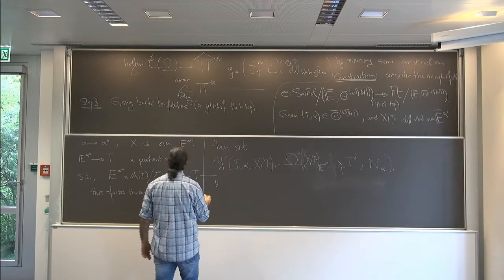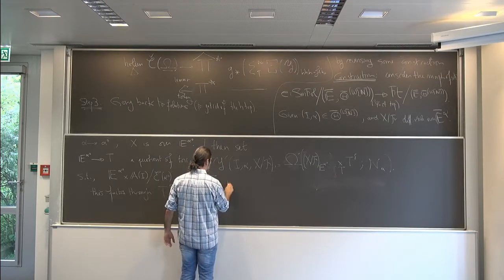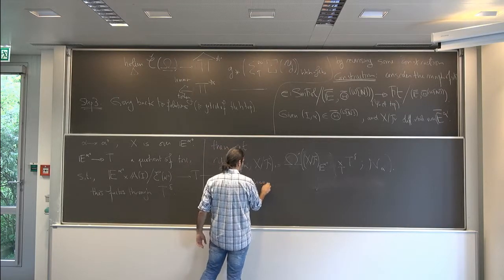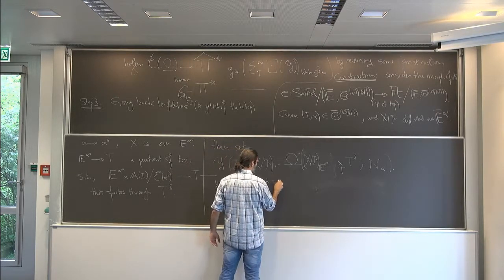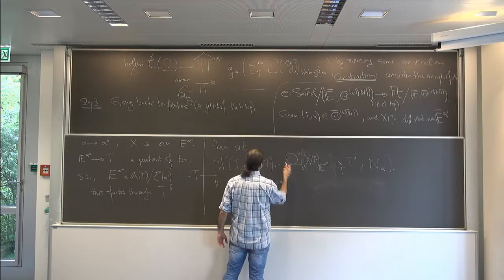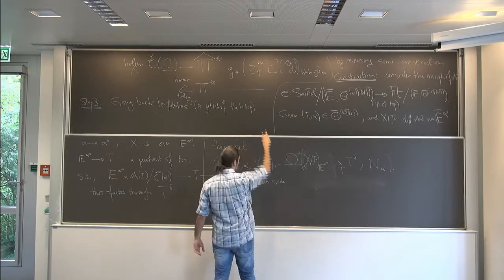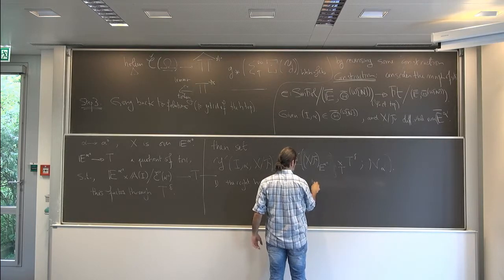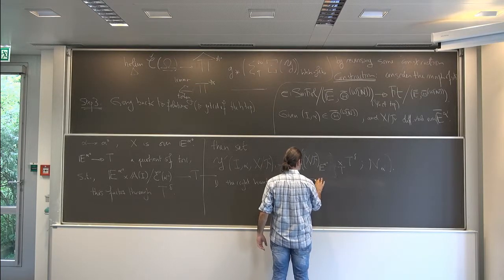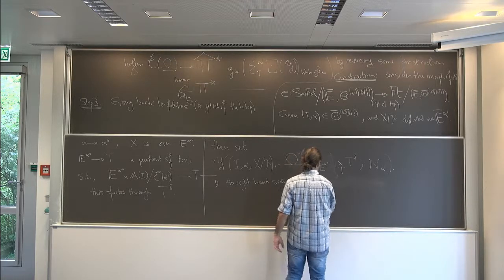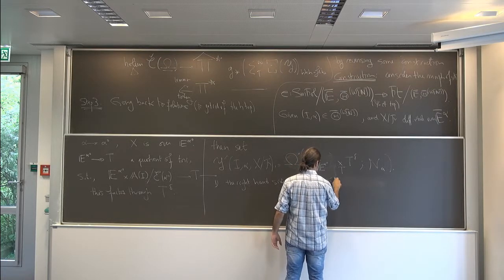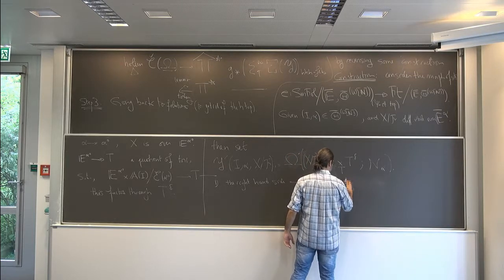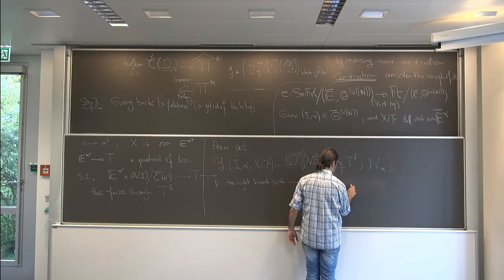So this is constructed in a way such that the right-hand side from this above maps to pi of sigma t infinity of E upper star.